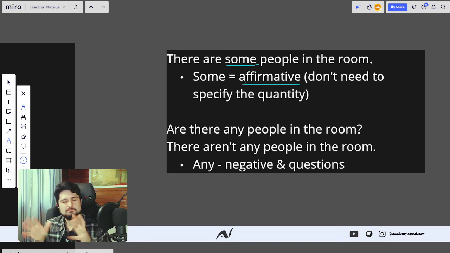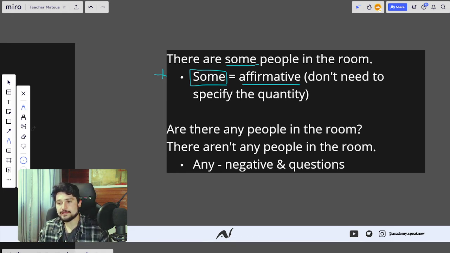The quantity becomes irrelevant. There are some people there. I do not know if it is 3, 5, 10, 20. There are some people there. We use that for affirmative. Okay, so some is used for affirmative existence.